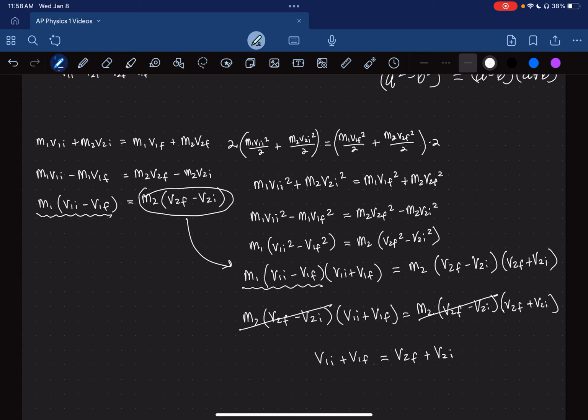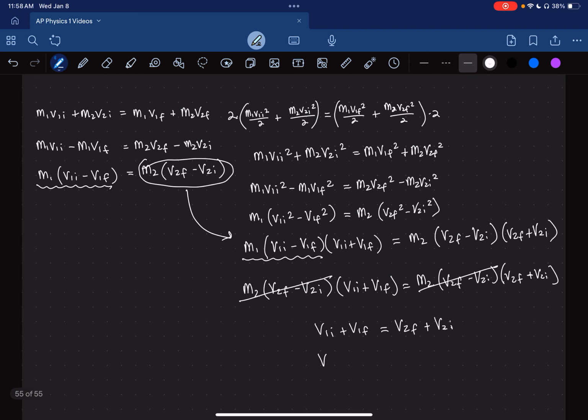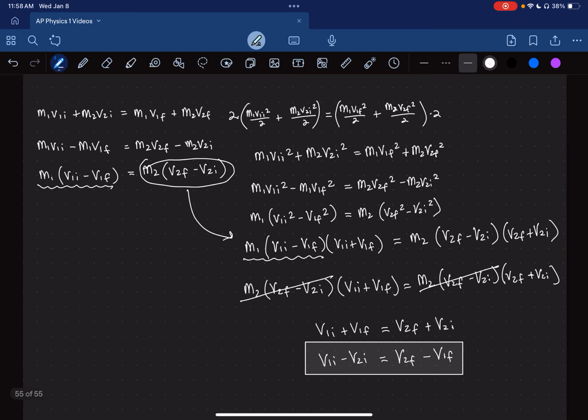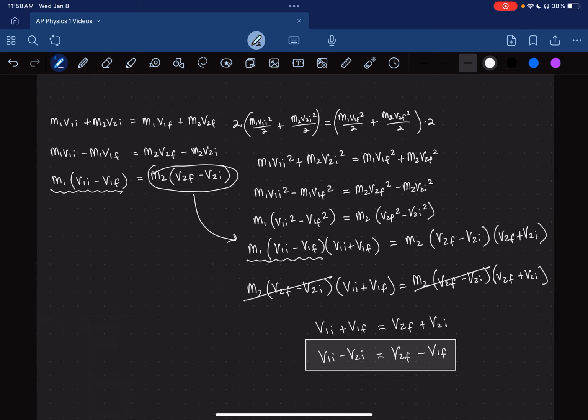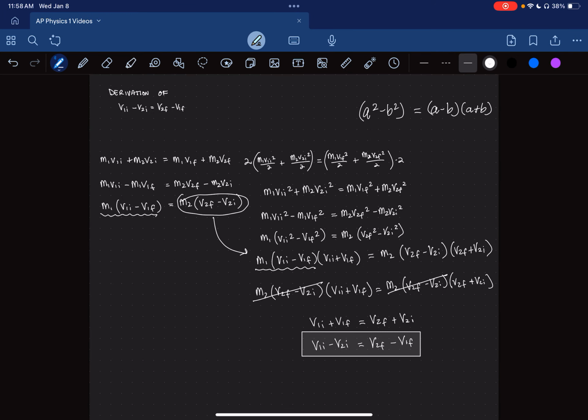Let's get all the i's on one side and all the f's on the other side. So this is v1i minus v2i equals v2f minus v1f, which is our elastic equation, which again is the rate of approach, and this side is the rate of separation. Anyway, that's it. I'm going to end this video now.